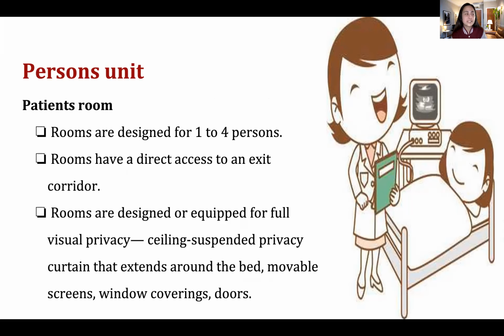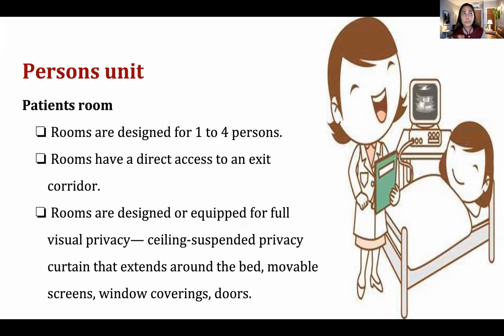More than this will make the person feel crowded and disturbed because of too many patients. Rooms have a direct access to an exit corridor. You need to orient the patient where the exit corridor is, especially if there's a fire or any natural calamities.